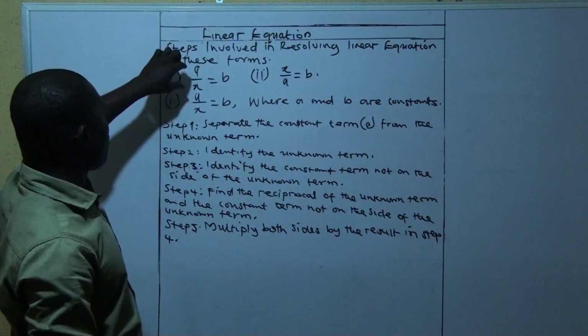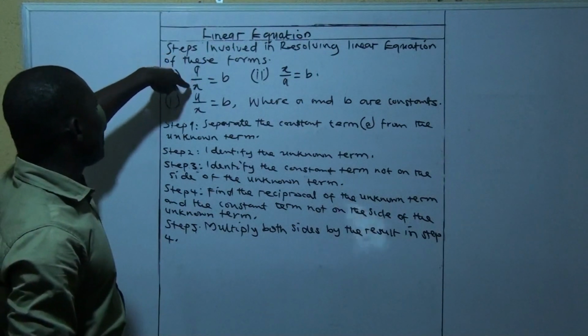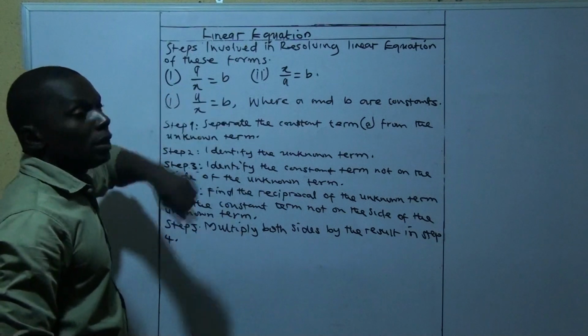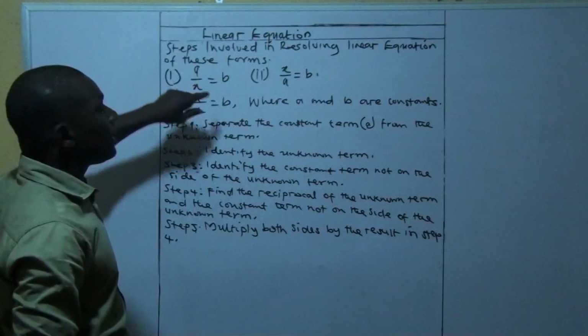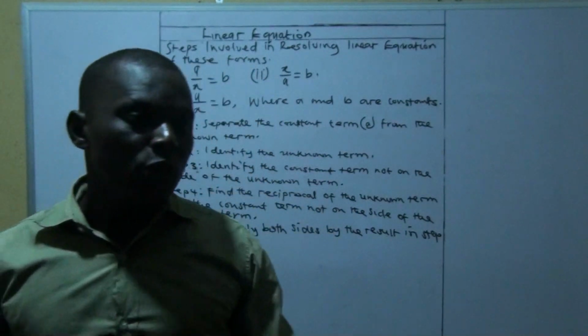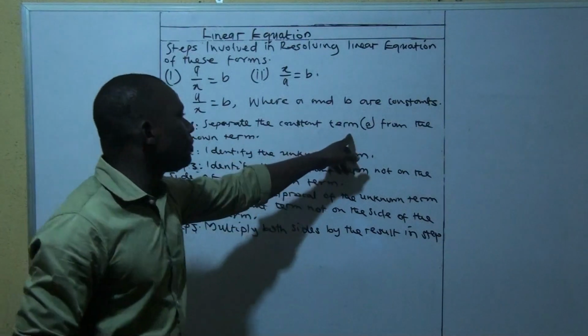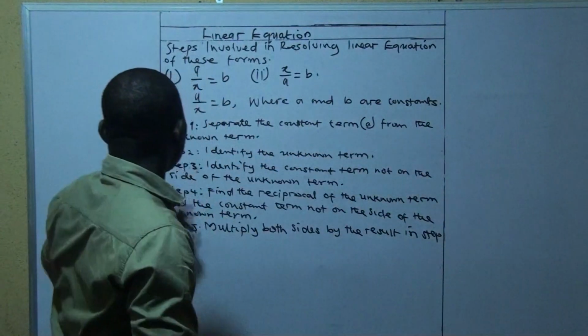So if you are confronted with a linear equation of the form a over x equals b, where x is the unknown term, the first thing you do is to separate the constant term, which is a, from the unknown term.